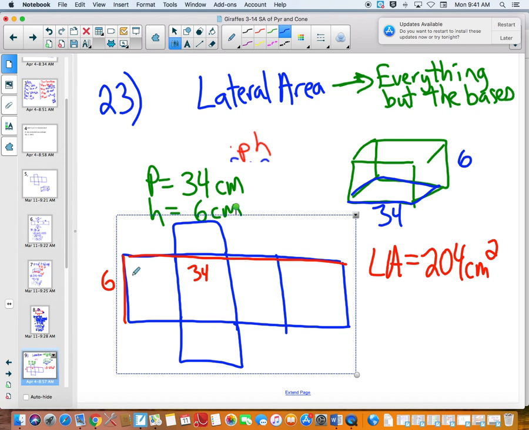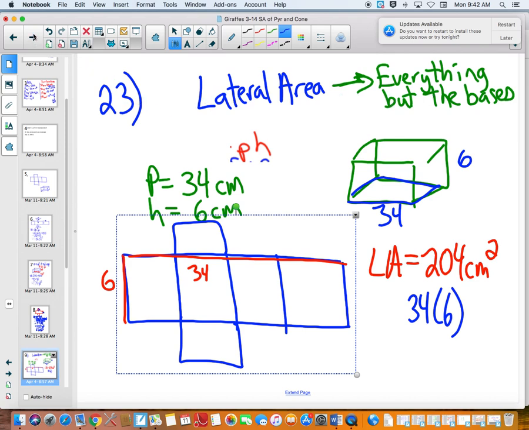For the lateral area, all we do is multiply 34 times 6, and that's where the 204 centimeters squared comes in. They're showing you that the perimeter of the base is this 34. The height is 6. So lateral area is everything but the bases.